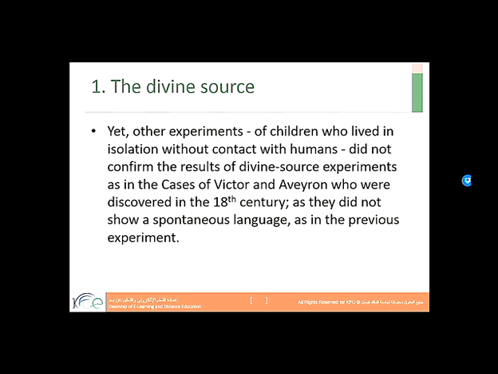Yet there are other experiments which gave contradictory results. In other experiments of children who lived in isolation, without keeping in touch with other humans, such experiments contradicted the results of the divine source experiment, as in the cases of Victor and Aviron, who were discovered in the 19th century, as they didn't show spontaneous language.